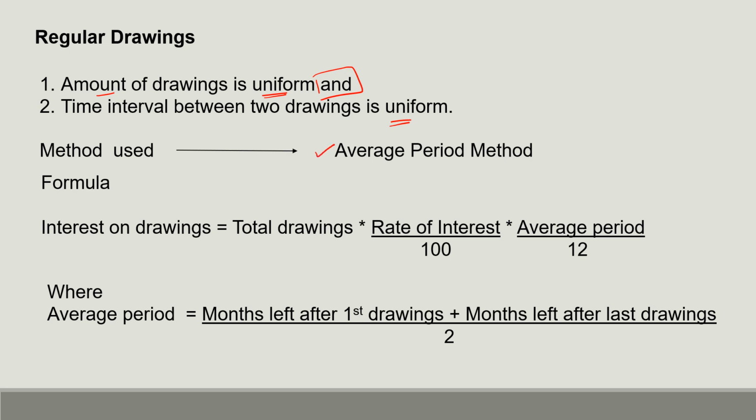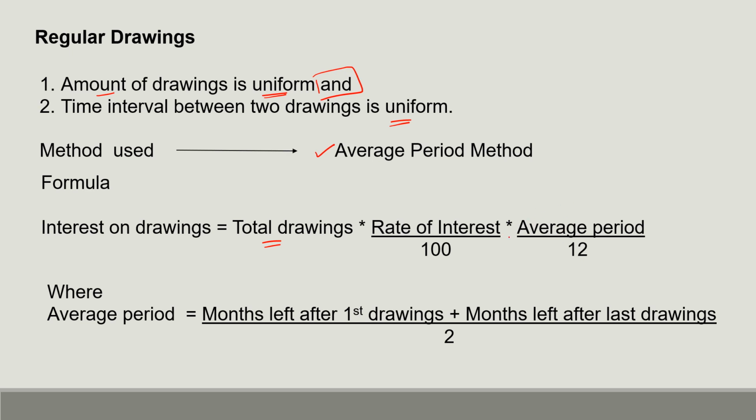So, the formula that we use to calculate interest on drawings is: we take the total amount of drawings, which would be nothing but the drawings into the number of months it has been withdrawn. That will give us the total drawings. We multiply by the rate of interest by 100 into the average period by 12.